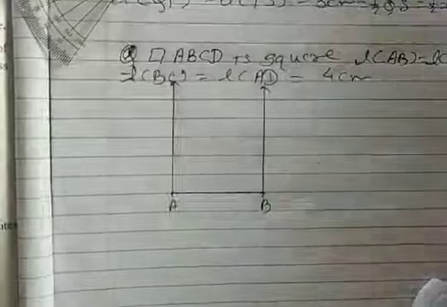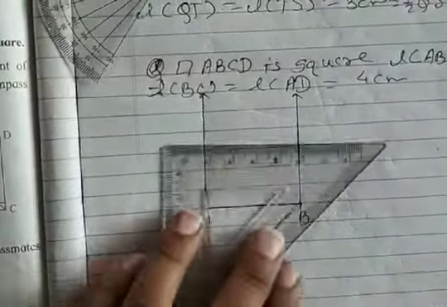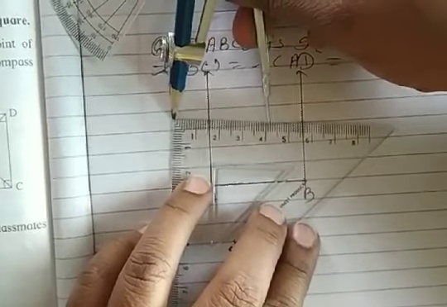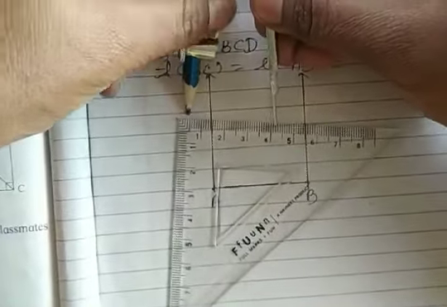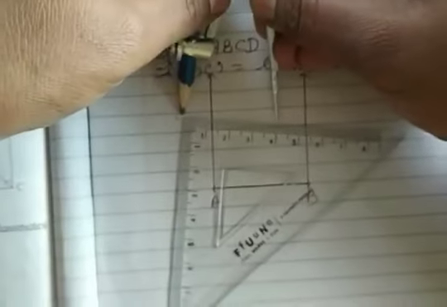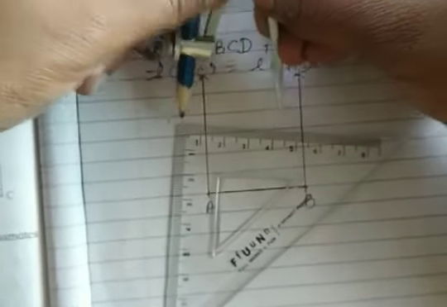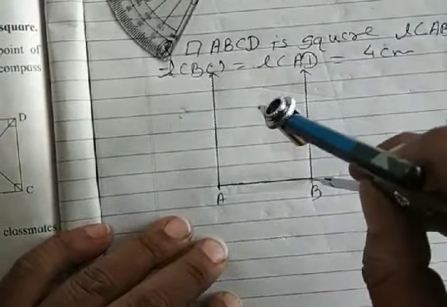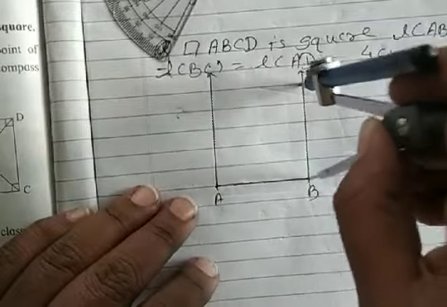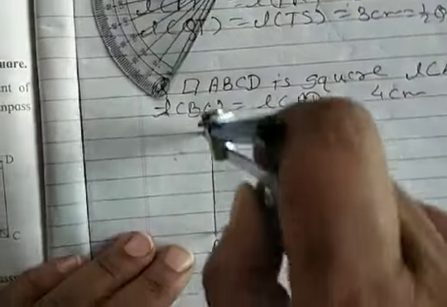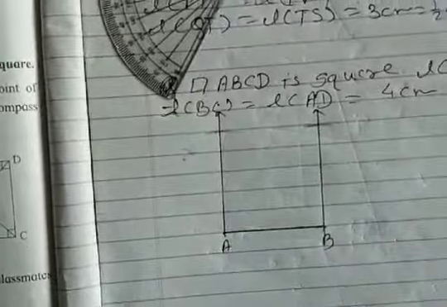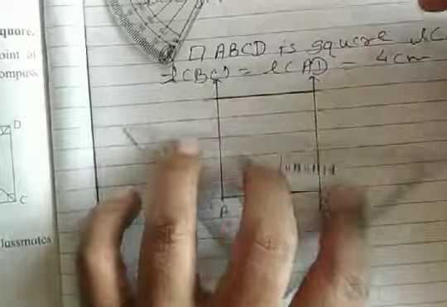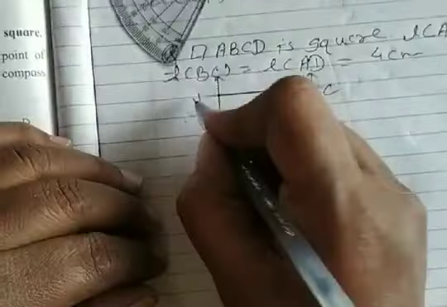Then take a 4 centimeter distance in a compass, and after taking 4 centimeter distance, draw the arcs from here and here also, and then join both the arcs. Here it is A, B, C, D.